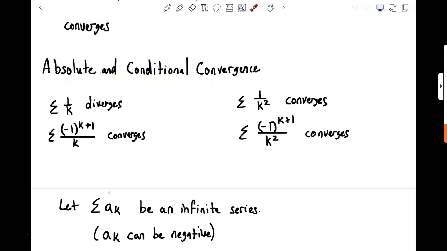And of course, the third possibility: does it just diverge? Like, for example, the series minus 1 to the k.